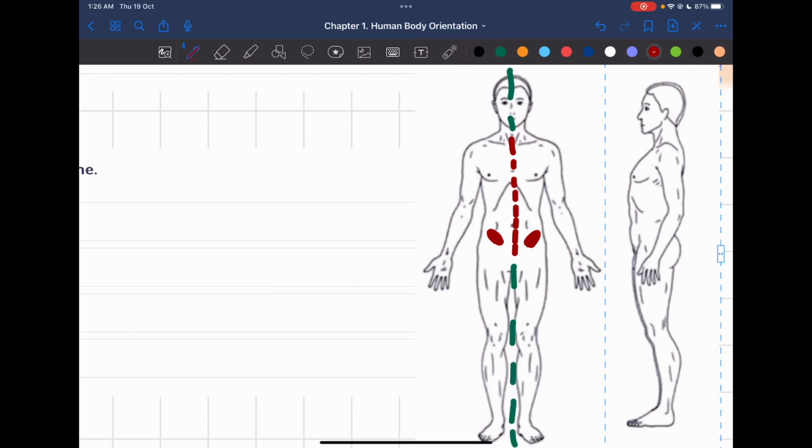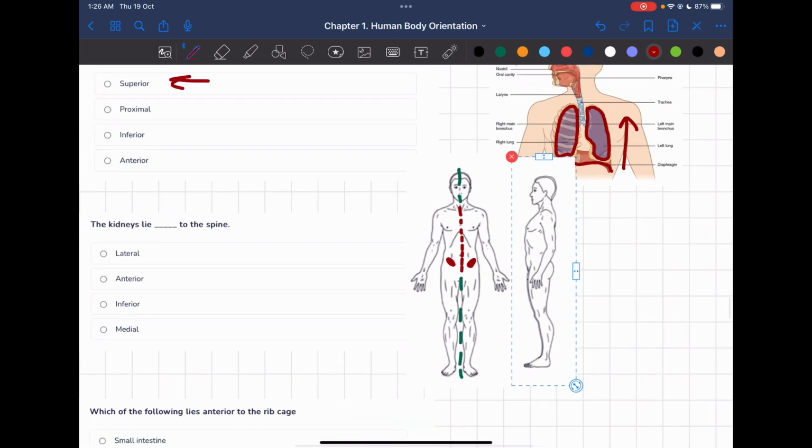So, referring to the actual, here, you have the kidneys, okay? So the kidneys, I don't know how to explain this to you guys. Hopefully you will understand it. Okay, the spine is in the middle. So referring to the two of them to the midline, the spine, you can navigate, okay, this is the midline.